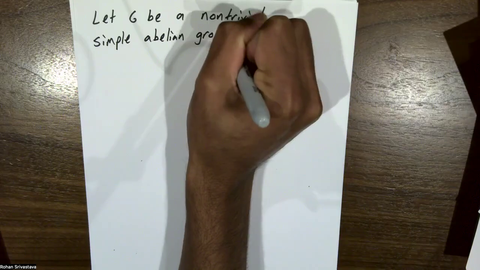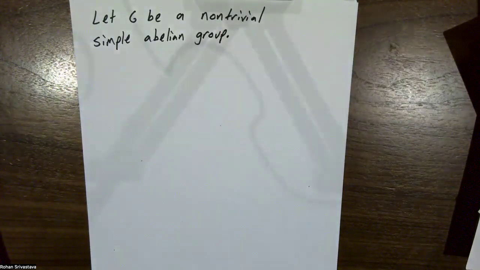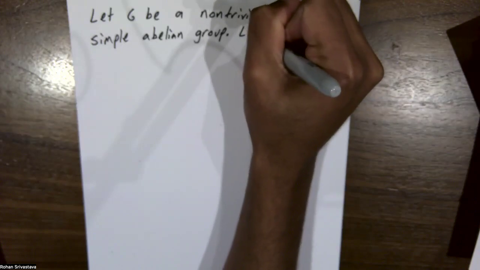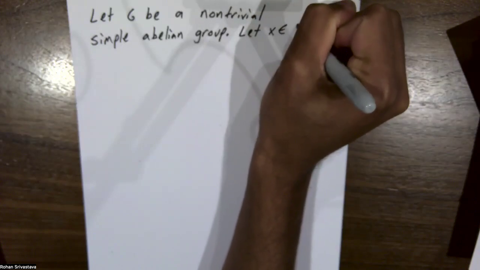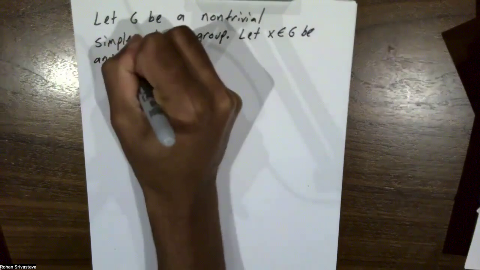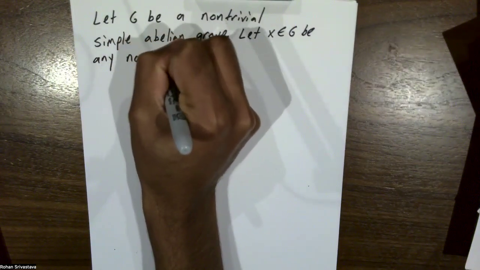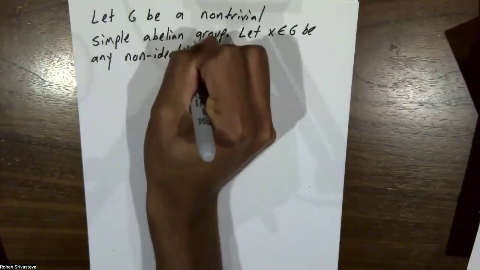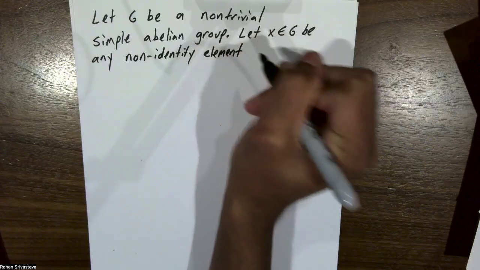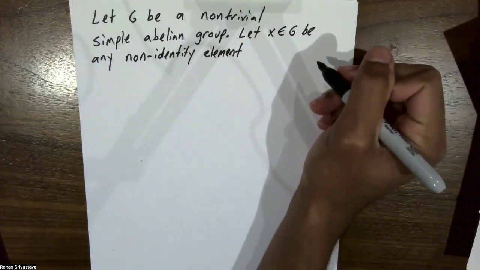We want to describe the structure of G. So let X be any non-identity element; since we're assuming G is non-trivial, we have one.